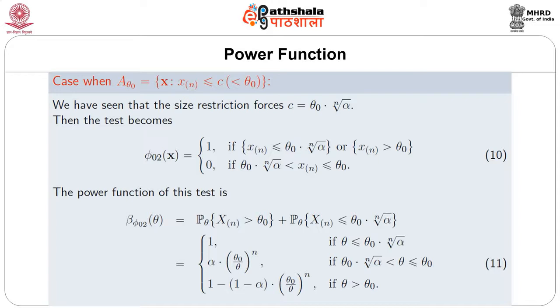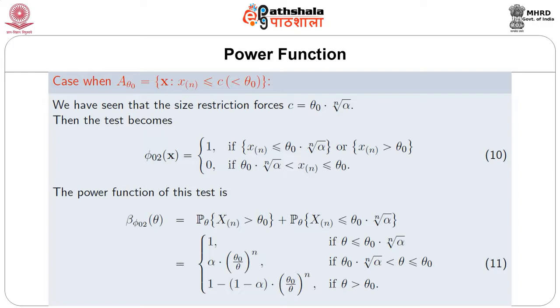Then the test becomes phi naught 2 of x is 1 if x order n is less than or equal to theta naught alpha to the power 1 by n, or x order n greater than theta naught, and 0 otherwise. So, this is the form if we take c as theta naught alpha to the power 1 by n and region A theta naught as x order n less than or equal to c.